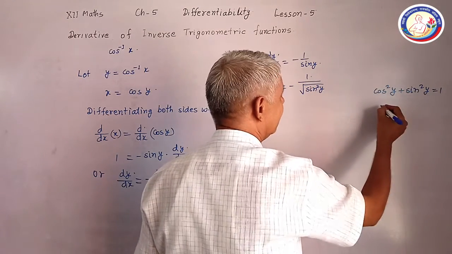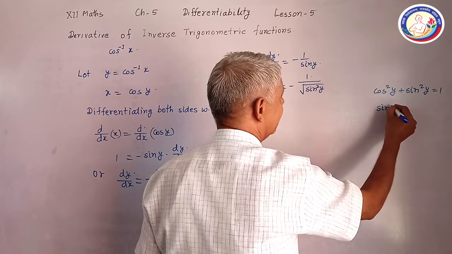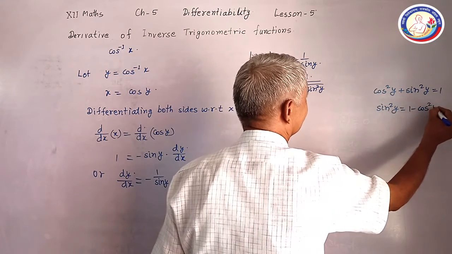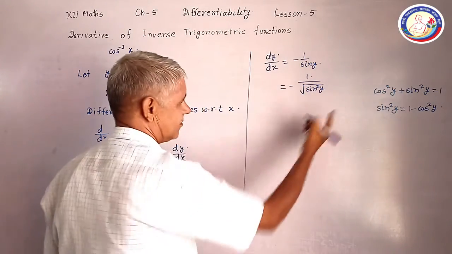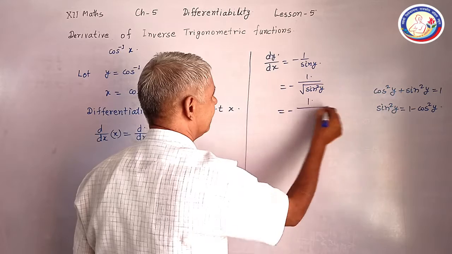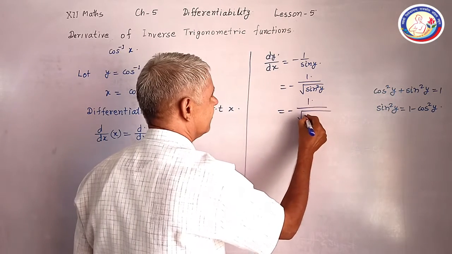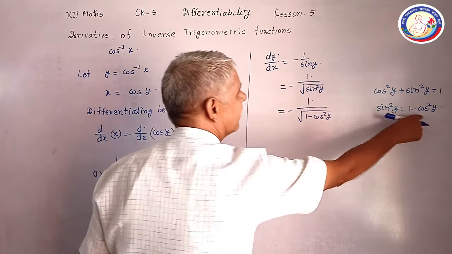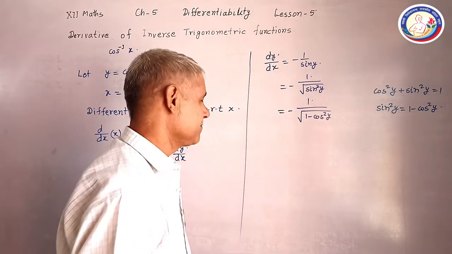So what is sine square y here from this identity? Sine square y will be 1 minus cos square y. So I am substituting this here, we will have 1 minus cos square y from the first fundamental identity of trigonometry.